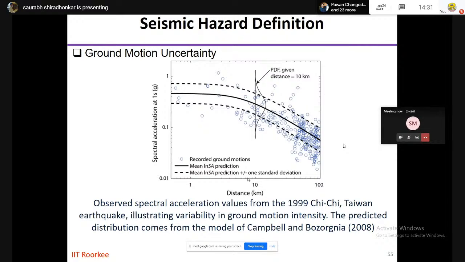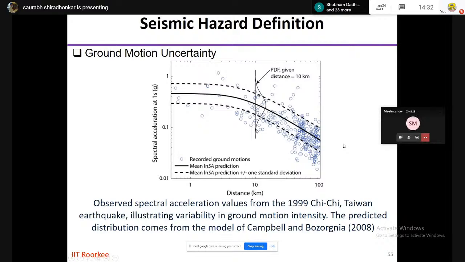So as I was saying, the ground motion has variation, and this is the typical variation in spectral acceleration. If you measure a spectral acceleration at various distances for a single earthquake, you can see that even at the same distance, there is a possible variation in the spectral acceleration.